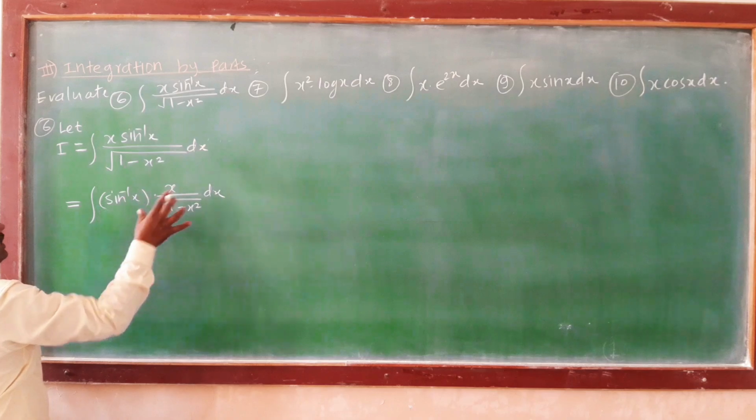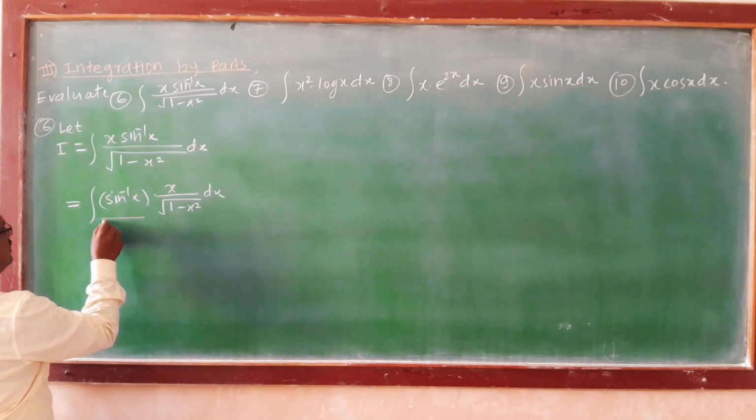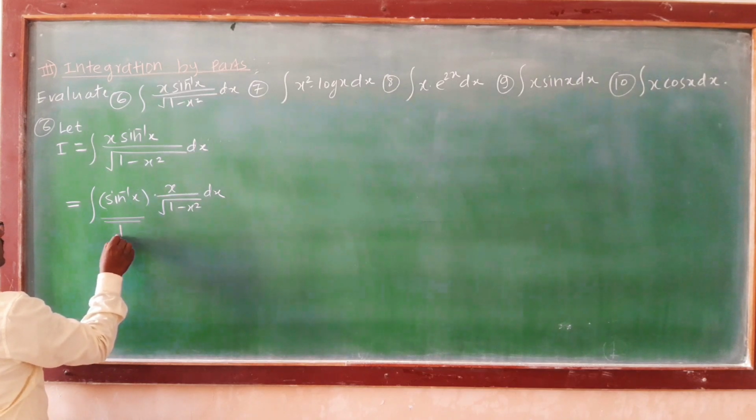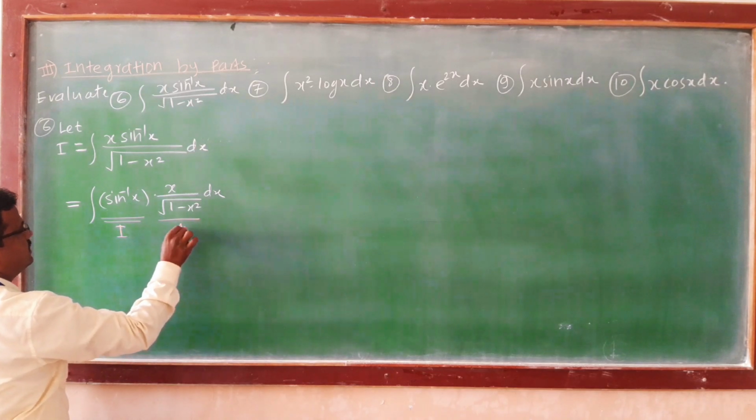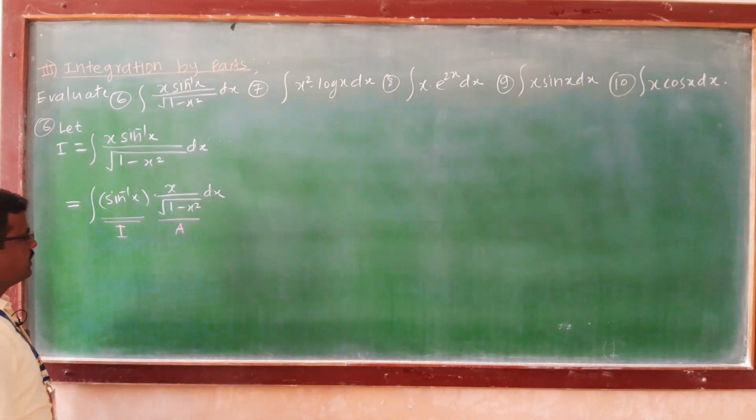Now split this integrand like this, so that we can decide this sin inverse x is an inverse function and this is algebraic function, x upon root of 1 minus x square.